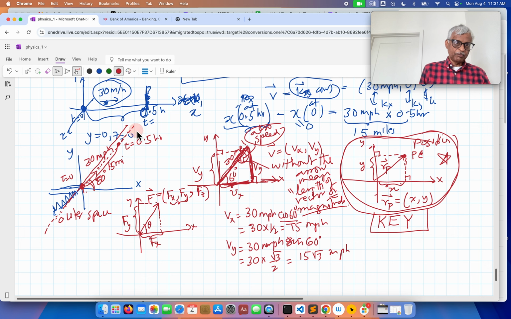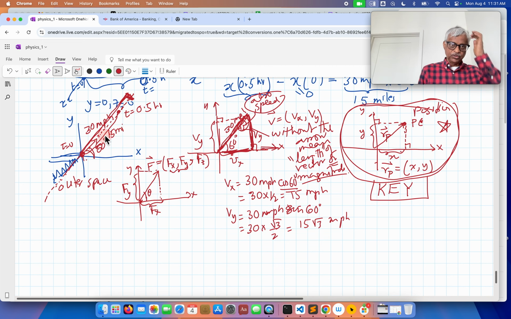So by the time it gets over there, this is going to be this total distance. So the path is known. It's going on this path, and speed is 30 miles per hour, and delta t is 0.5 hour.